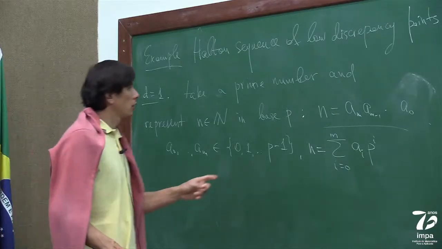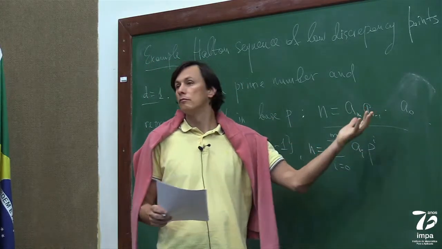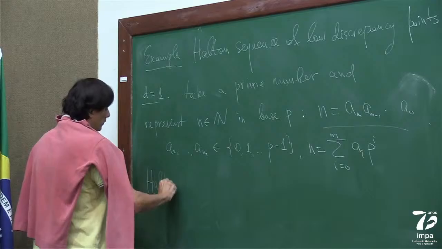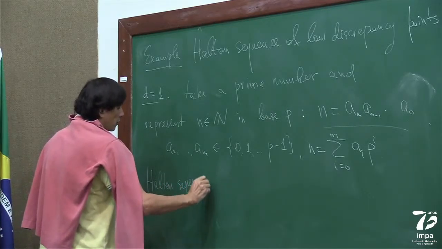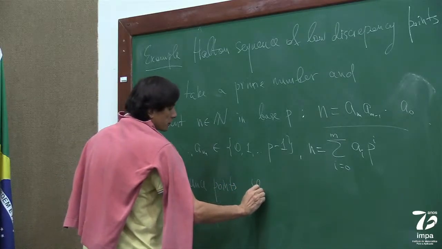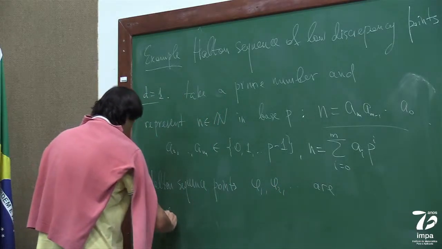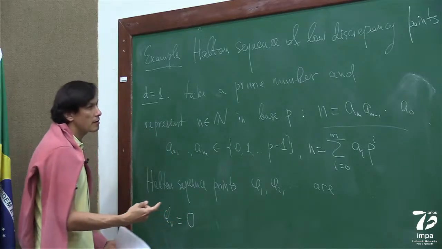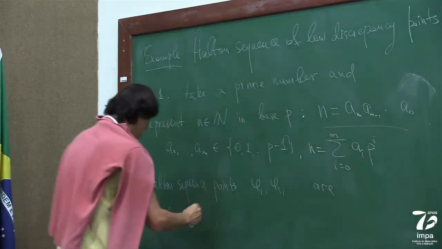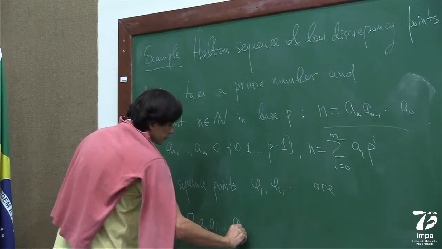And now, how we make a Halton sequence is you just invert it. So the Halton sequence points, this sequence phi_1, phi_2, and so on. Each phi_n is just you invert. You write the same base p representation, but now you put 0 point, and you put the digits in the opposite direction.